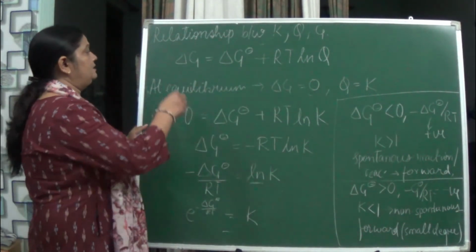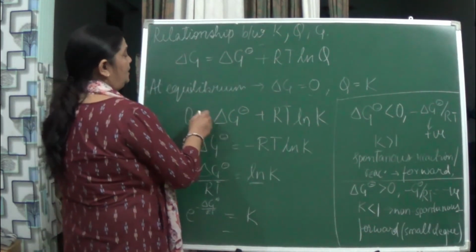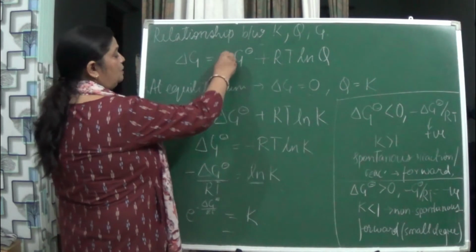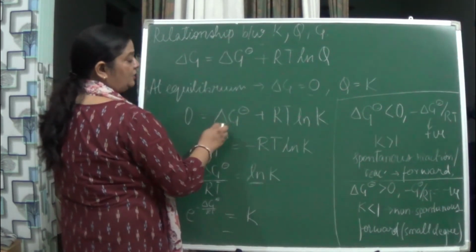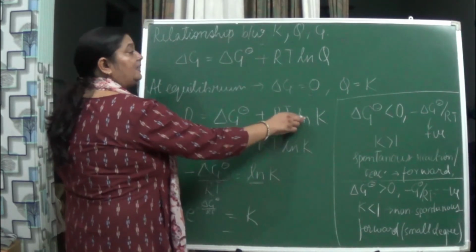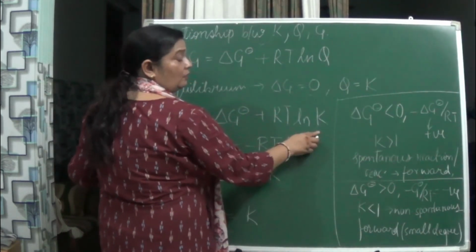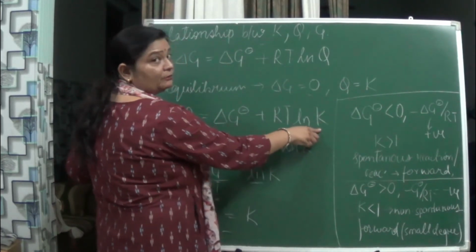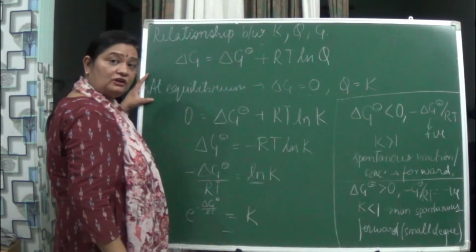So now we will be putting this value in this equation. Here change in Gibbs energy is 0, I have written 0 over here. That is equal to change in standard Gibbs free energy plus RT ln K instead of Q. Now what has come? K, because the reaction quotient is equal to the equilibrium constant at the position of equilibrium.